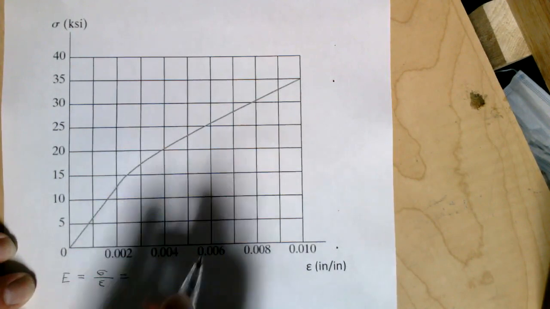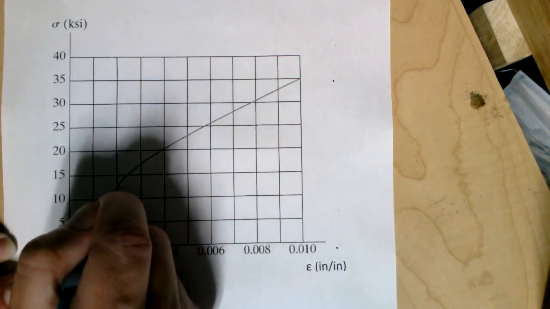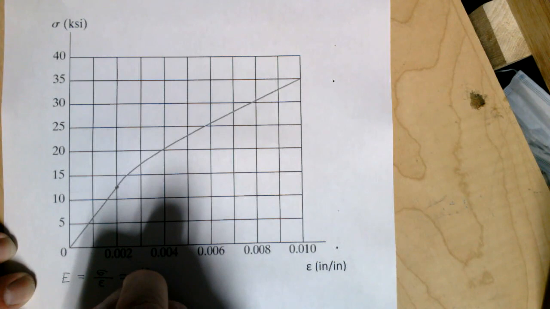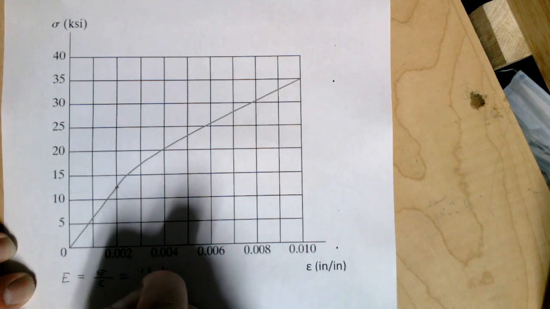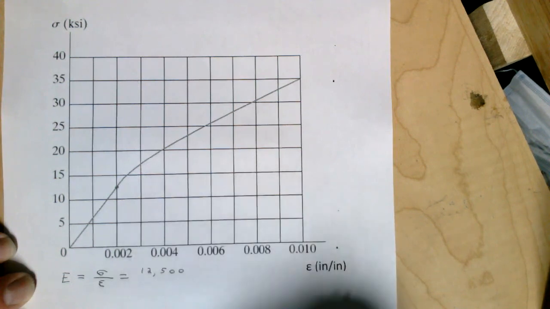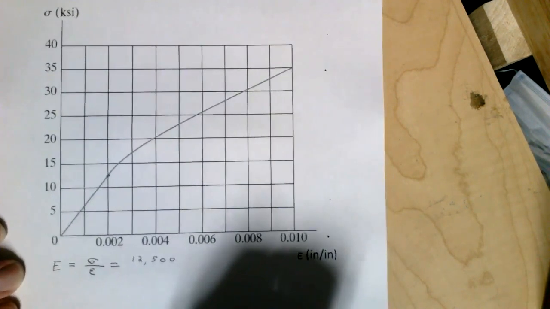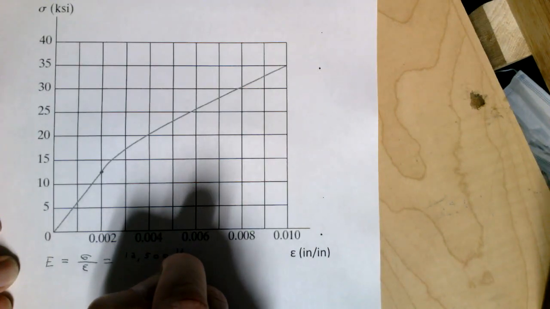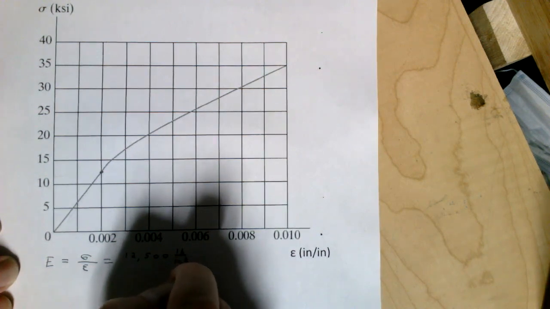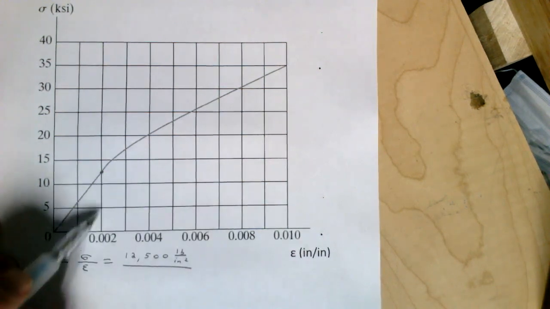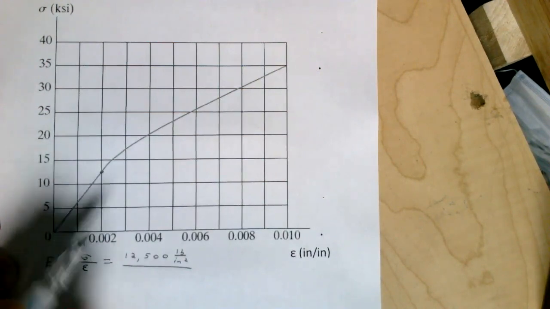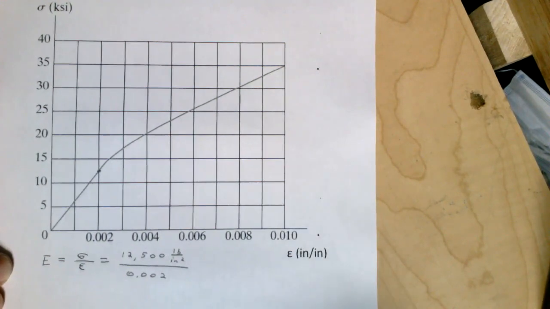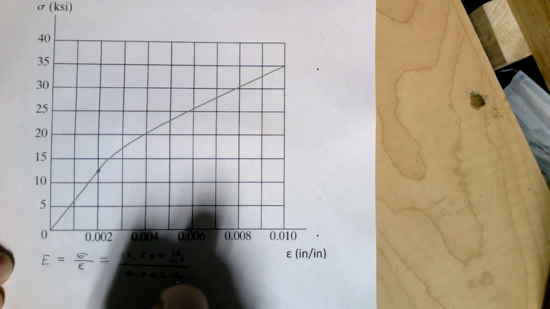And so if we pick this point here, it looks like about 12.5 KSI, which means 12,500 PSI. And then divide by the associated strain. That's this point right here, 0.002. Remember, strain is like inches per inch or feet per feet.